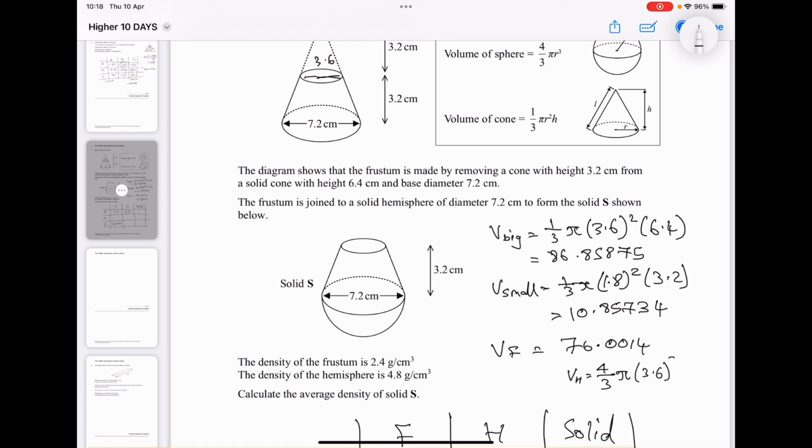3.6 cubed. I've then got to remember I've got to halve that, so I'm just going to put 0.5 on the end, halve it in one go. Fraction 4/3, shift pi, 3.6 cubed.